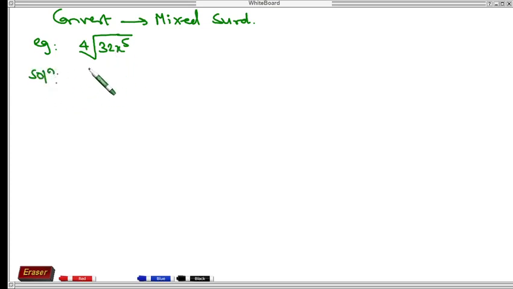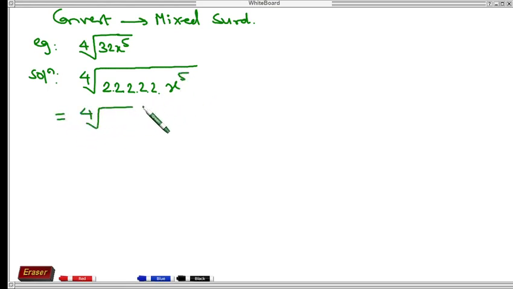What we have given is simply the fourth root of 32x to the power 5. The fourth root of 32 is an easy number, so you can directly write 2 to the power 5 and x to the power 5.